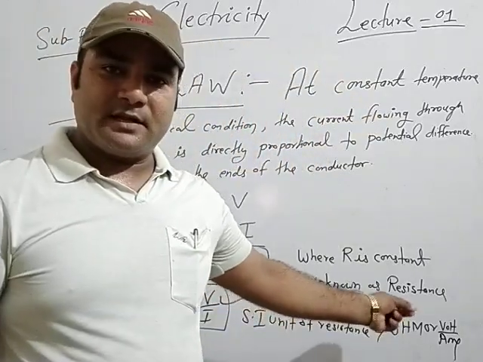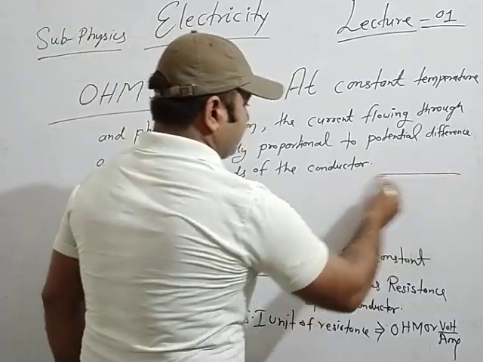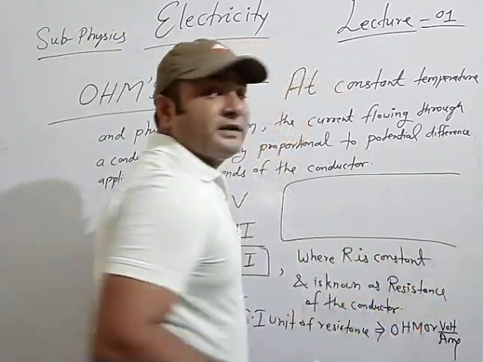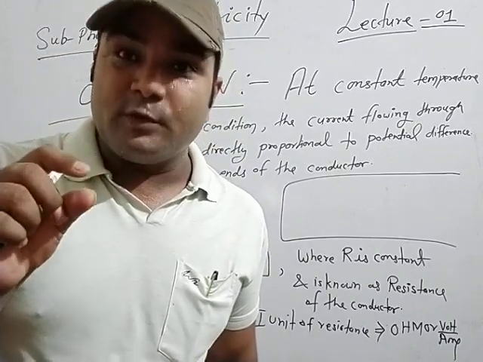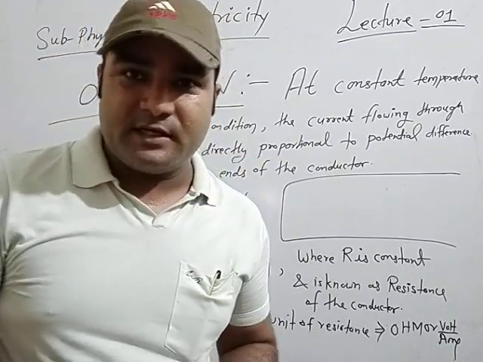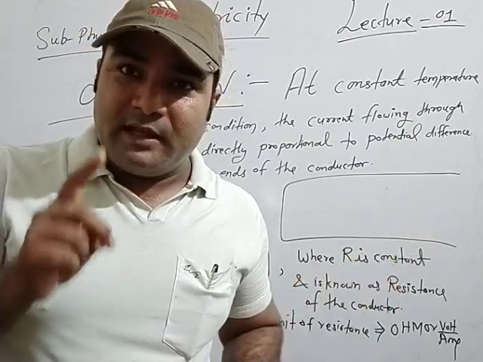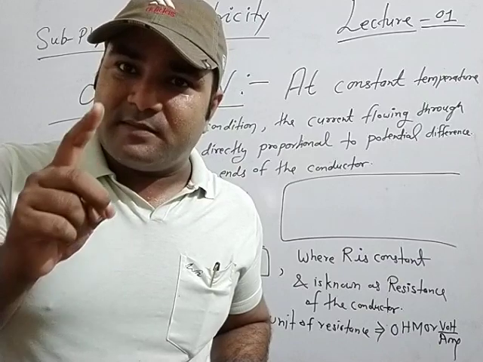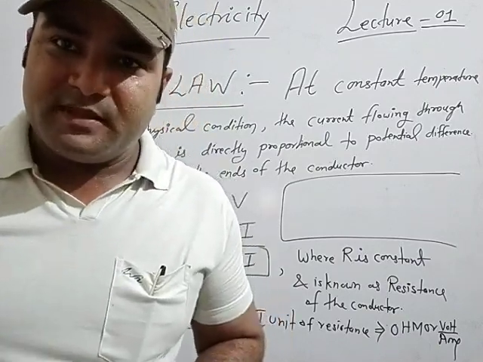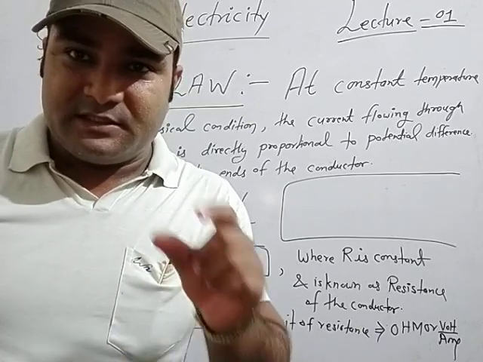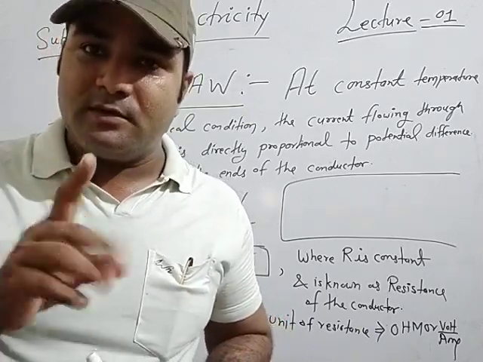We can write it down. With the help of this formula, when a current of 1 ampere flows through the wire at a potential difference of 1 volt, then the resistance of the wire is said to be 1 ohm.